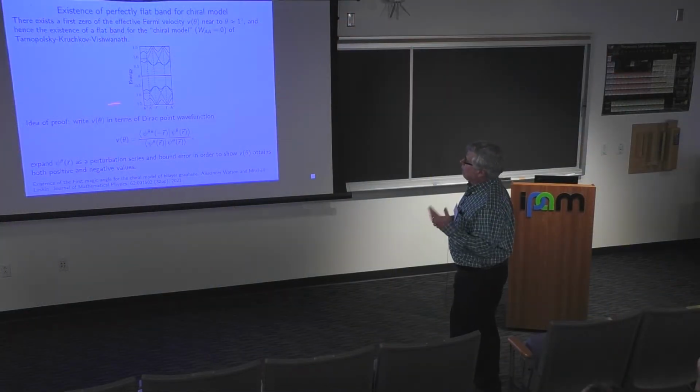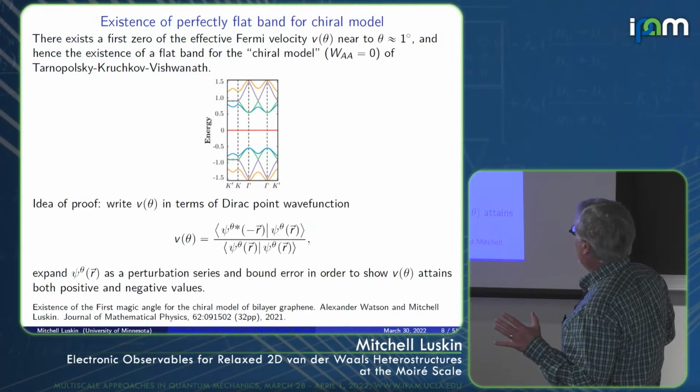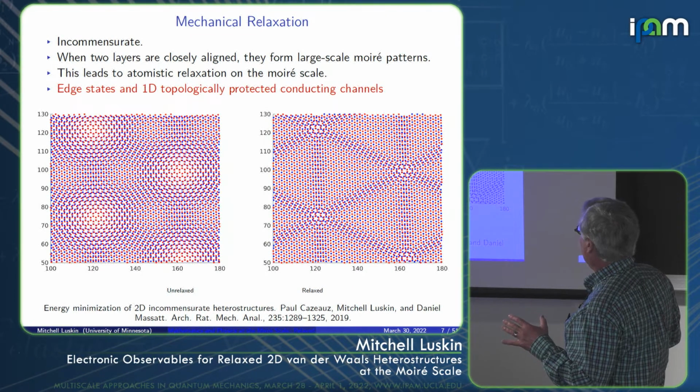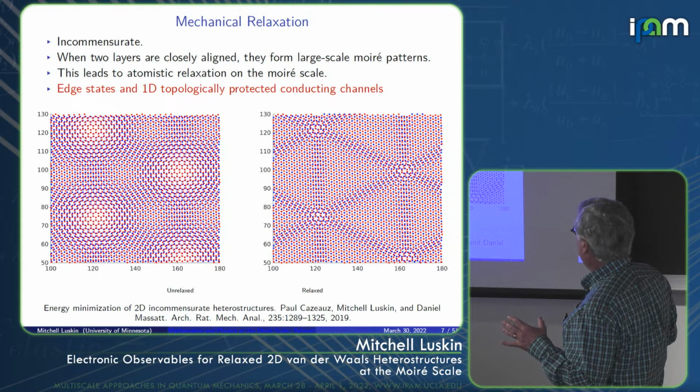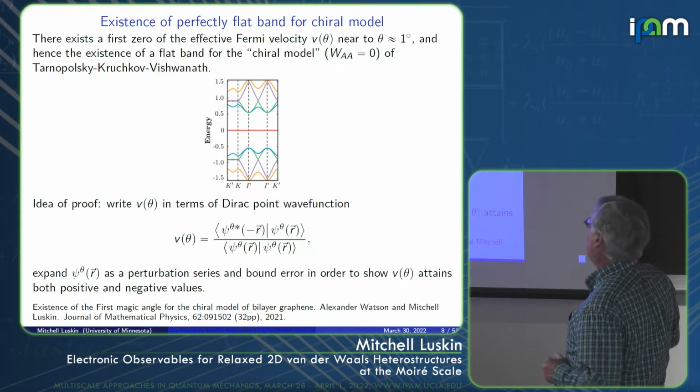Now I want to advertise a recent work I did with Alex Watson, looking at a simplified model. This model essentially says, this is the relaxed state, and I pretend these little layers don't exist and get rid of them.